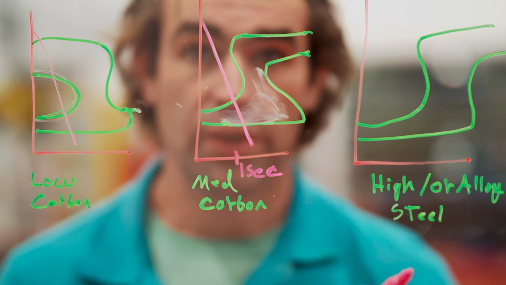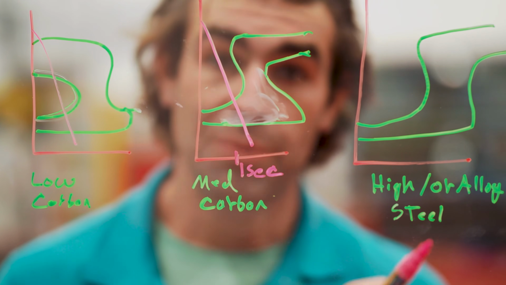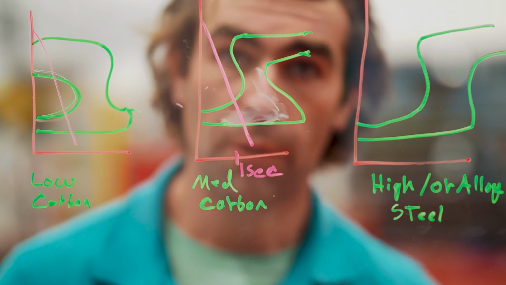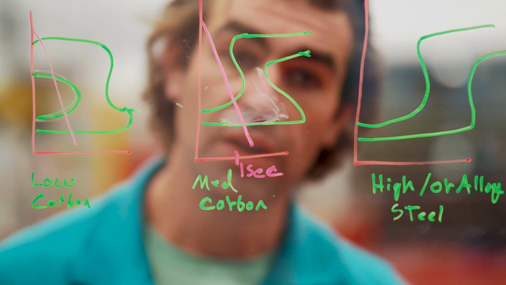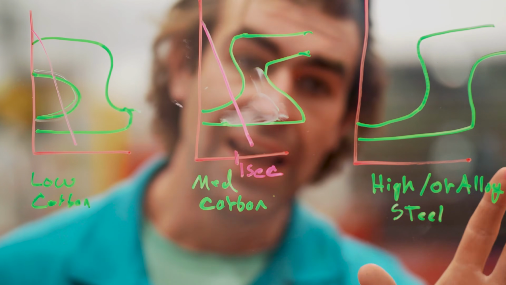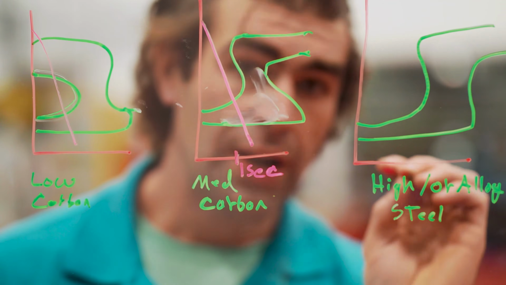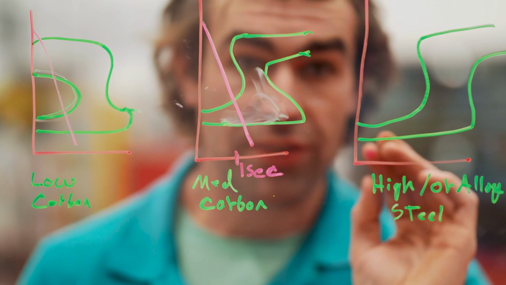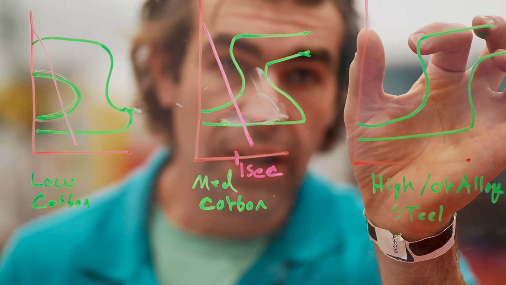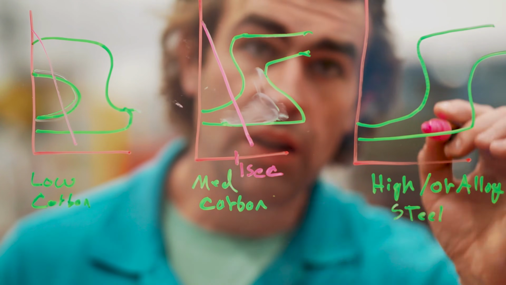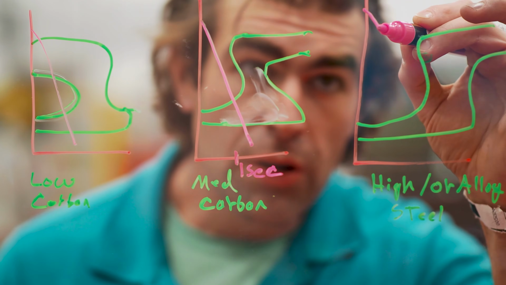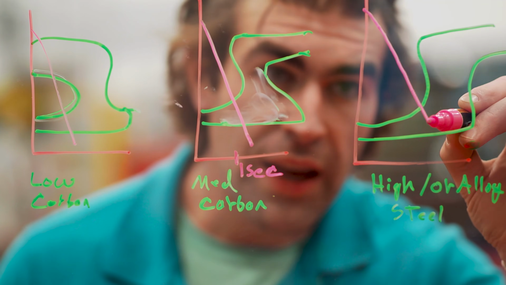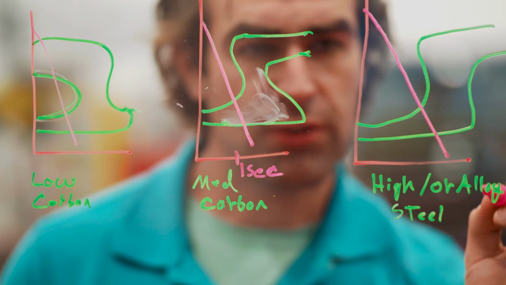One of the reasons we have alloys is to make things more heat treatable, and this shows up in the chart over here. With a high carbon or a high alloy steel, they're designed so that there's more area right here, so that you can start up here and the line can have an easier slope.